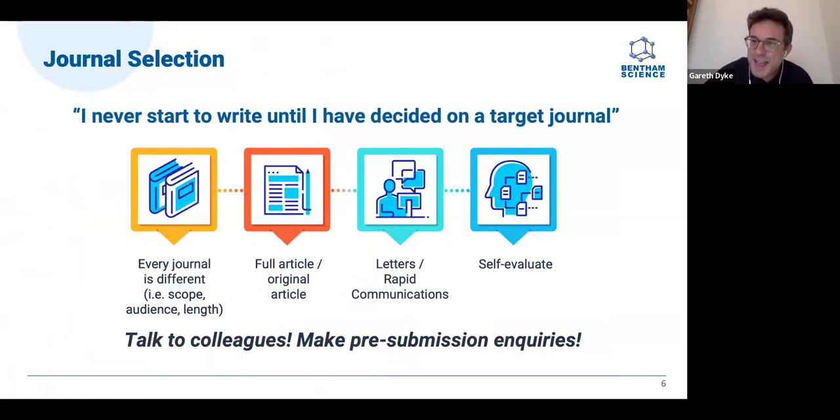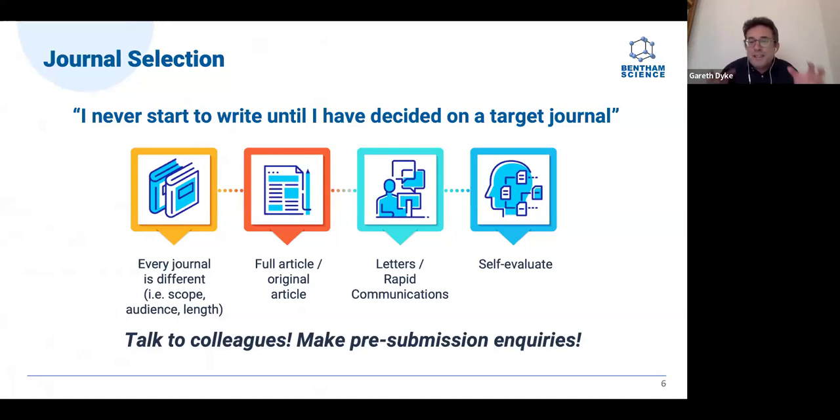But the first stage of any successful publication journey is, of course, journal selection, finding a great outlet, finding a great vehicle, finding a great publication journal for your research. And many of the most successful writing and publishing academics that you meet around the world, they don't start to write an academic paper until they've decided first on a target journal.